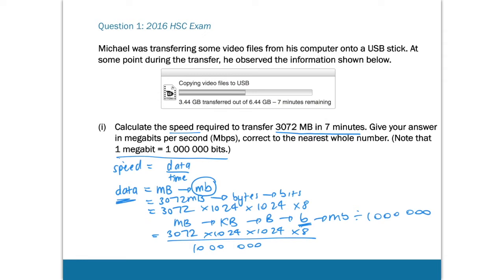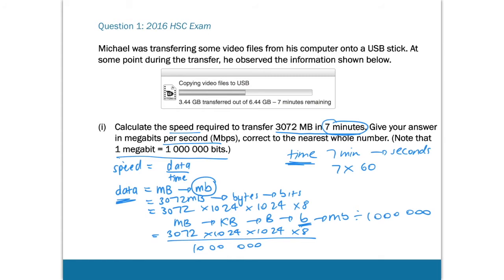Now, sorry, this is going to get a bit squishy, but let's work out the time it would take. The time is 7 minutes, but we need to convert this into seconds because it's megabits per second. So 7 minutes into seconds is just 7 times 60.